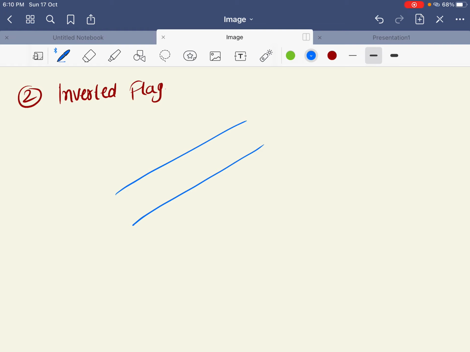The trend is in bearish mode in the beginning and enters this flag like this, and after the breakout of this flag you can take entries here and put your stop loss inside the flag pattern.